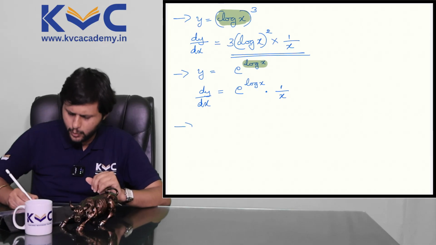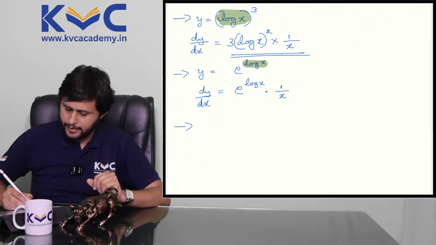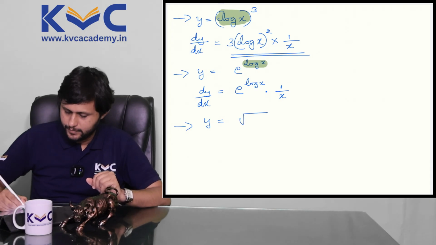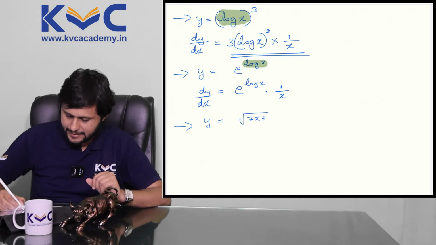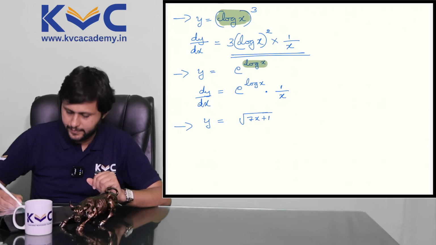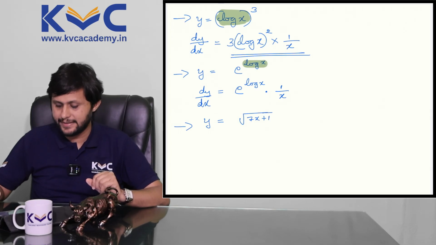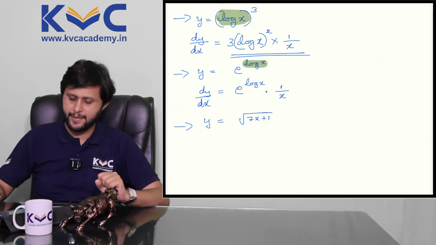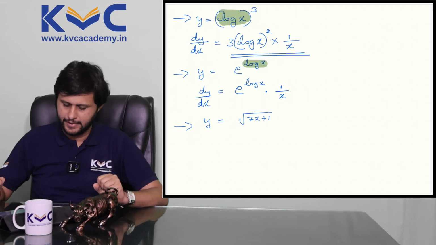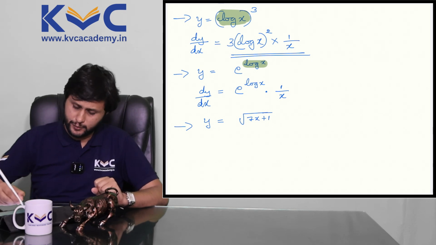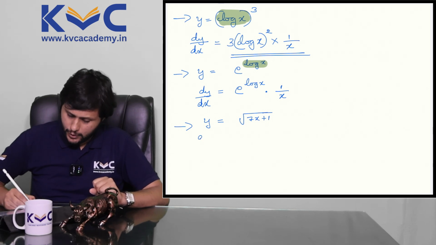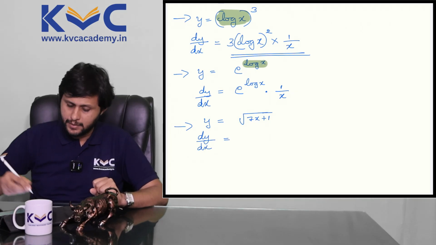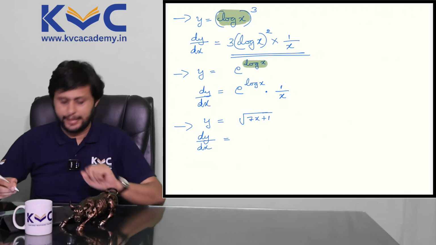Clear? More questions? We will take y is equal to root 7x plus 1. Okay, root 7x plus 1. There is some rule also that I have included over here. Left hand side, differentiation of y is equal to dy by dx equal to. Now this is in the form of root x.